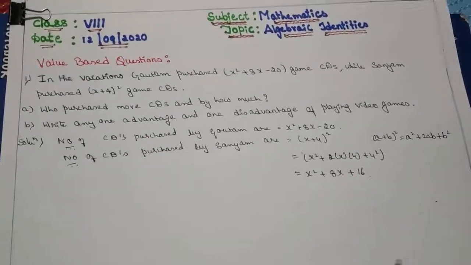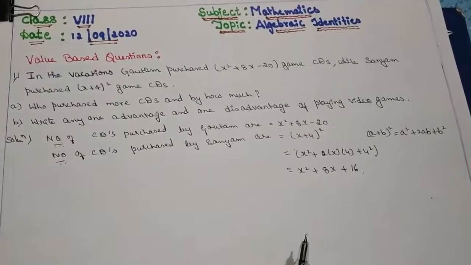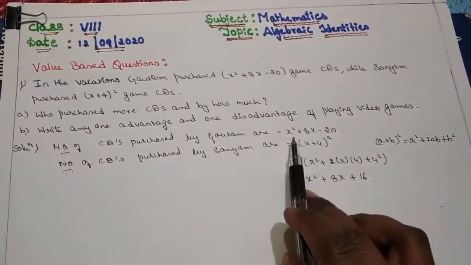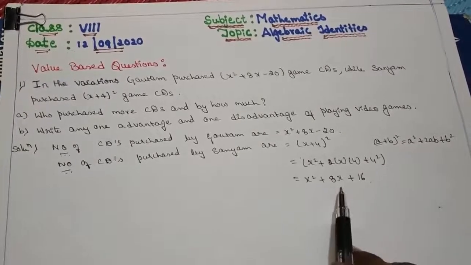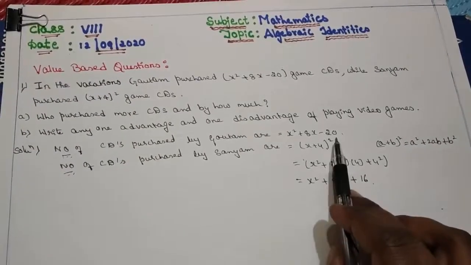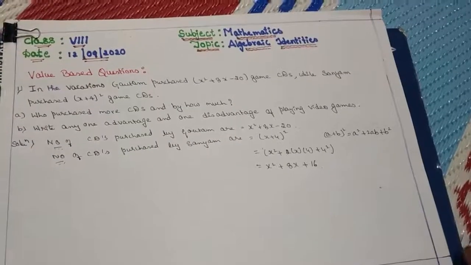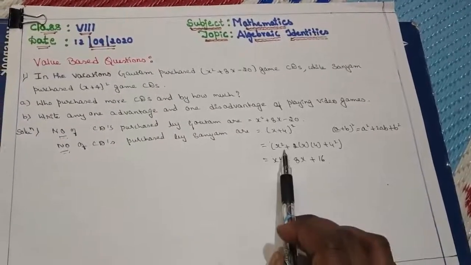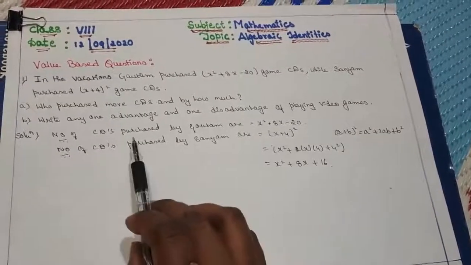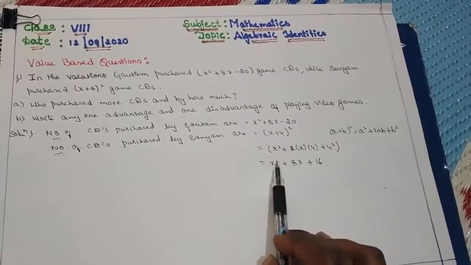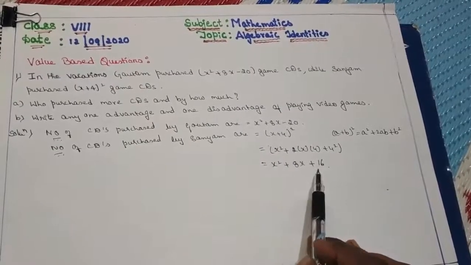Now you can compare the number of CDs by Gautam and Sanyam. So x square is matching, 8x and 8x is also matching, here minus 20 and here plus 16. So now what to do? Gautam's CDs are x square plus 8x minus 20 and Sanyam's CDs are x square plus 8x plus 16.